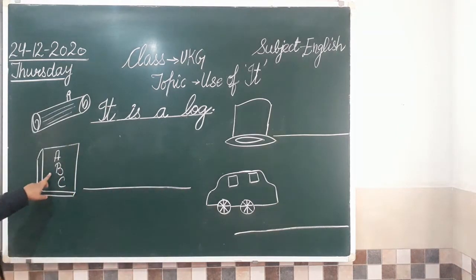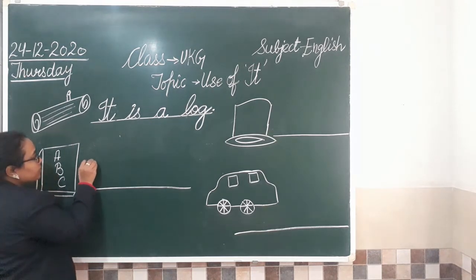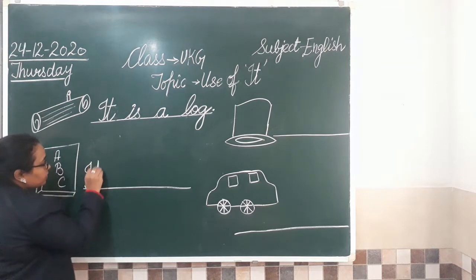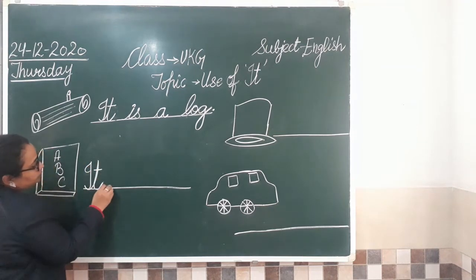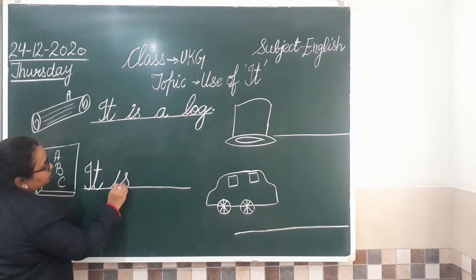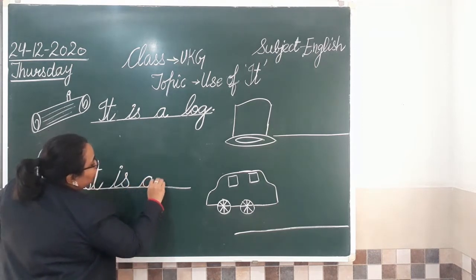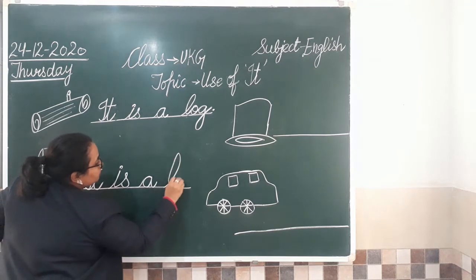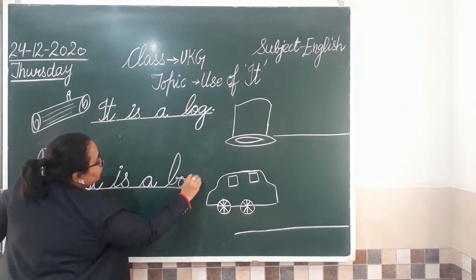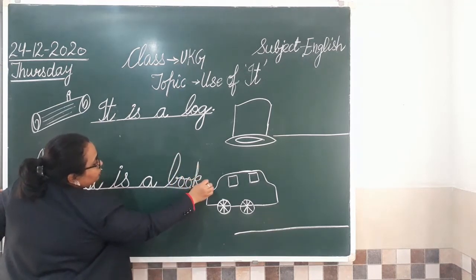Understood? Now, what is this? Book. Okay. So how we are going to write? It is a book.